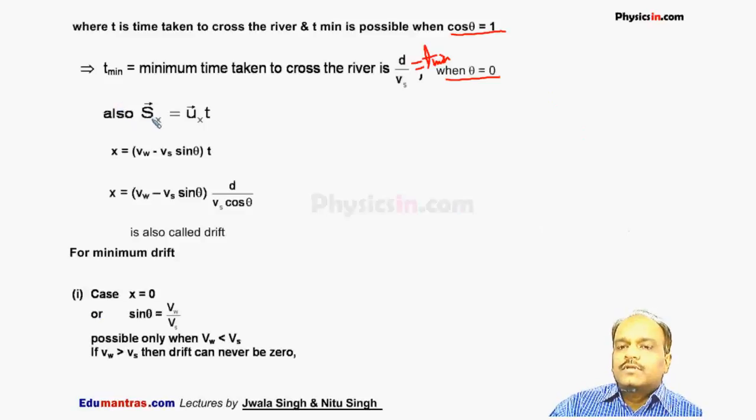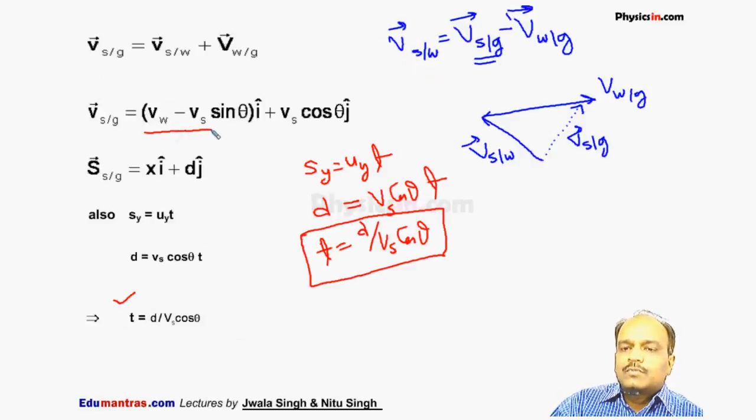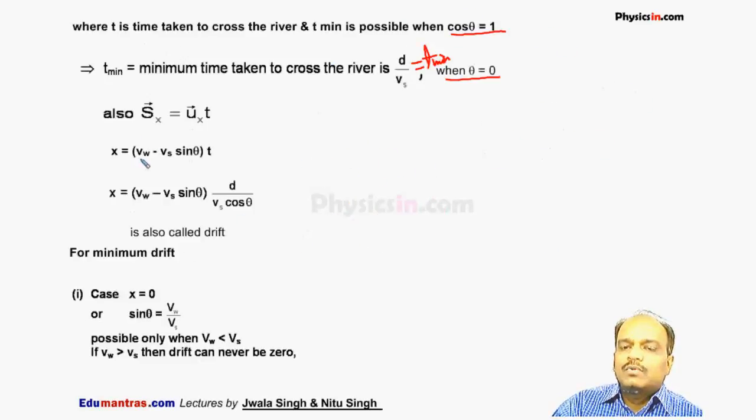Similarly, I can say the displacement along the x-axis is ux into t. Ux is the velocity of the swimmer along the x-axis, and uy is along the y-axis. So ux is Vw minus Vs sin theta, and x is (Vw minus Vs sin theta) into t. This x is called drift.